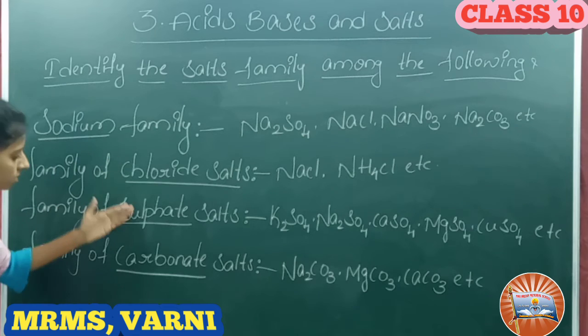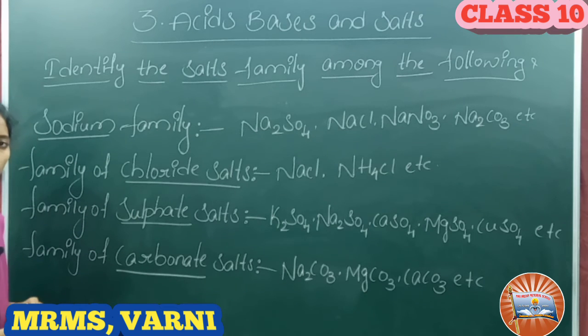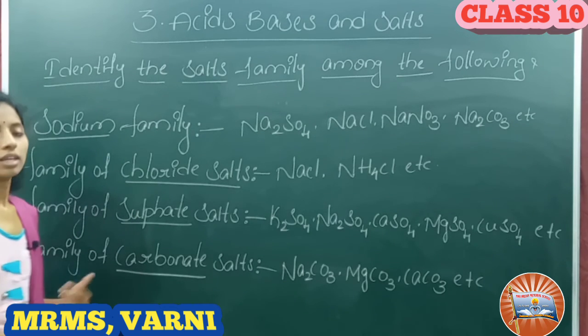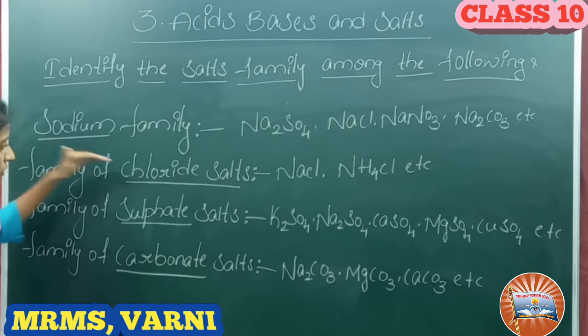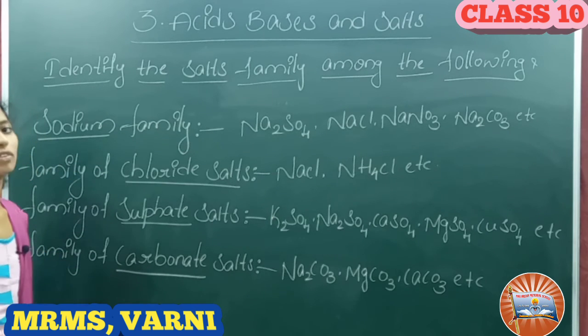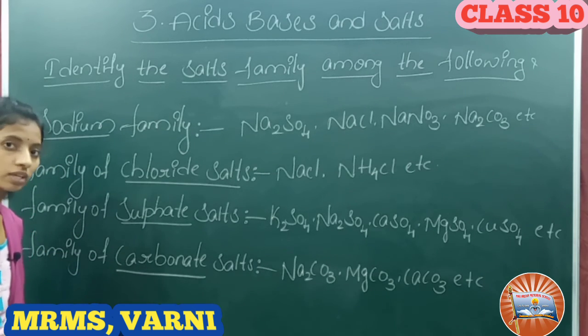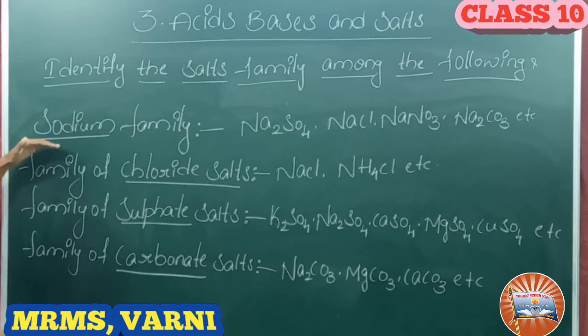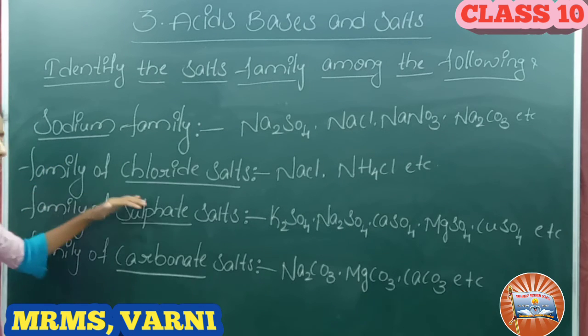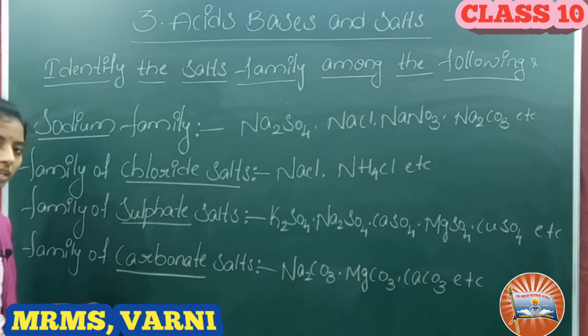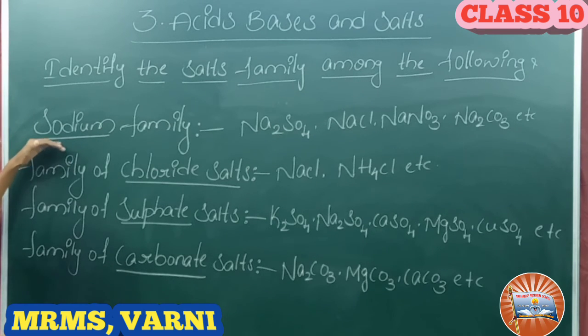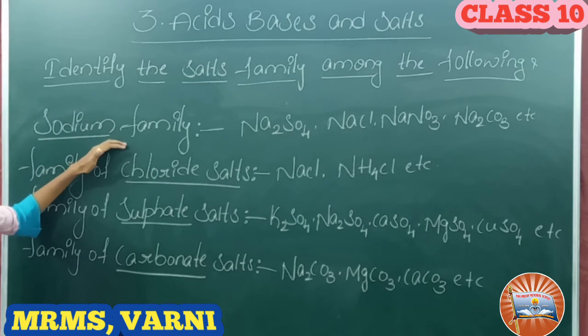Why we are giving some names here specifically? Because in that salt, the name which we are identifying here, that will be present. So that's why we are seeing here sodium family, family of chloride salts, family of sulfate salts and family of carbonate salts. Yes? So you can see here sodium family.